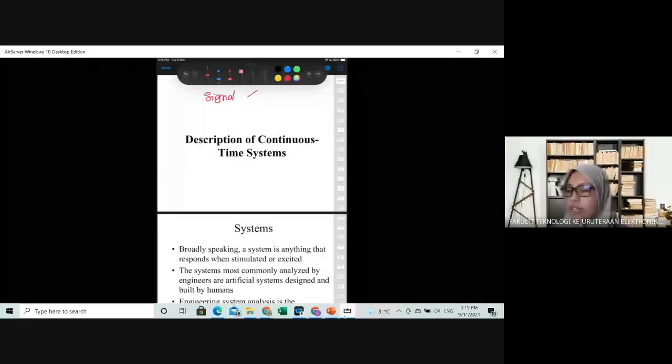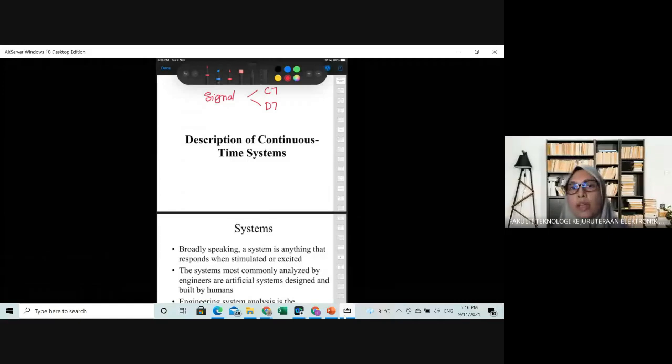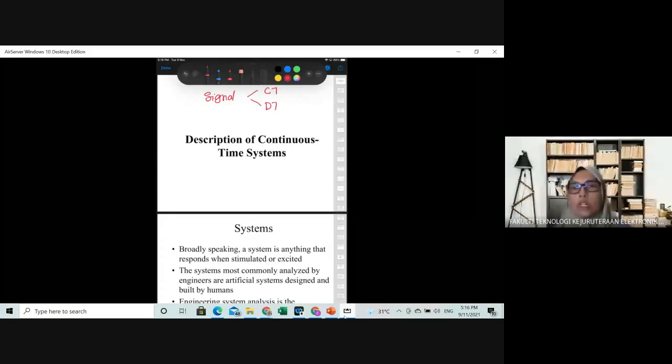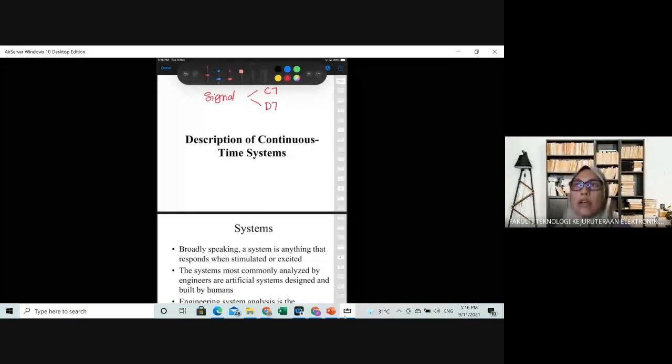You have the continuous time signal and the discrete time signal, and we discussed periodic and non-periodic signals, standard forms of signals, even and odd signals, multiple transformations that we can do on both continuous time and discrete time signals, and energy and power signals. So we discussed a lot.